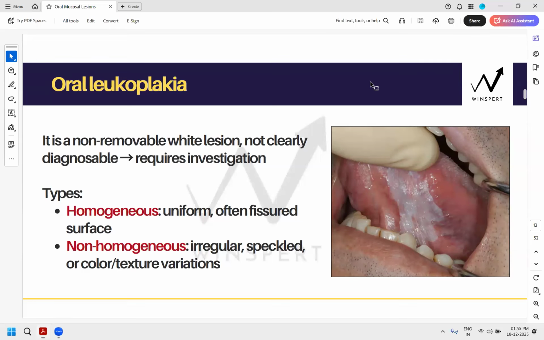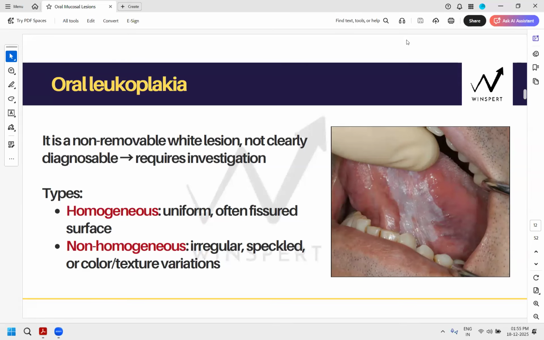Beautiful. Now let's start with our lesions, one at a time, and we are going to talk about oral leukoplakia. It is a diagnosis of exclusion, when you have excluded every potential condition.